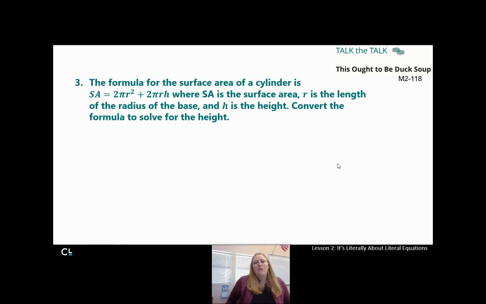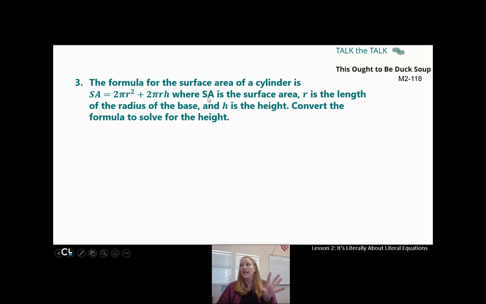Let's talk about the surface area of that cylinder though. We figured out how much we could fit inside of our cylinder, but what if I wanted to wrap the cylinder? What if I wanted to know how much material it takes to make the cylinder? I need my surface area, right? So here's the deal. The formula for surface area is SA equals 2 pi r squared plus 2 pi r h.